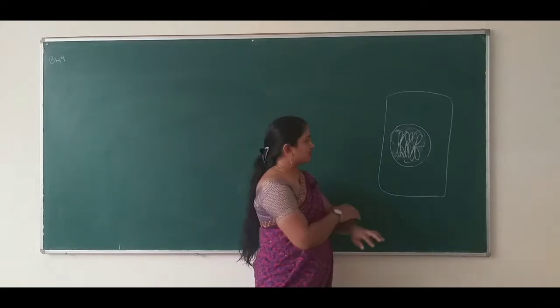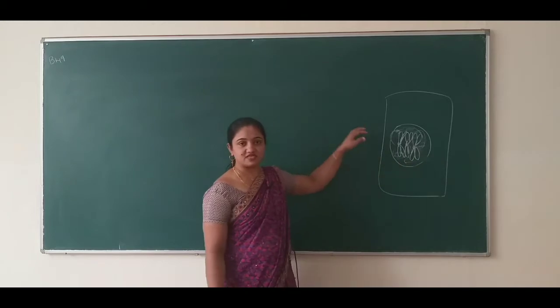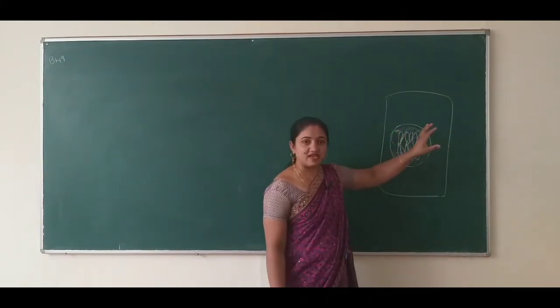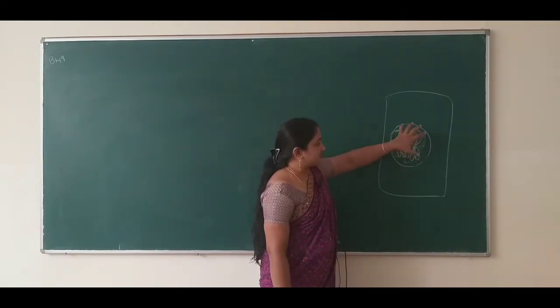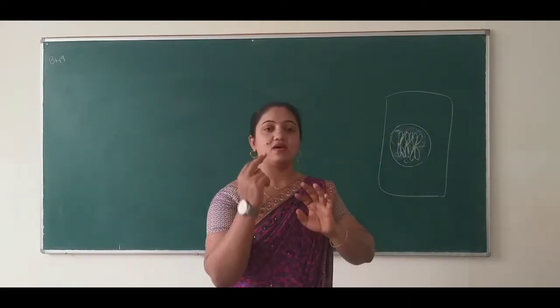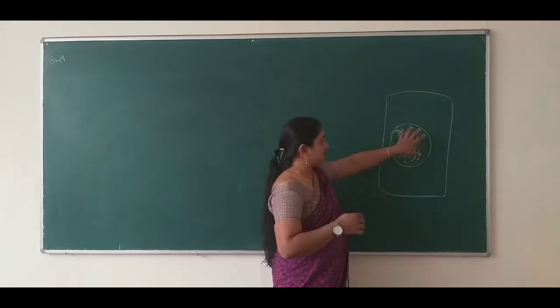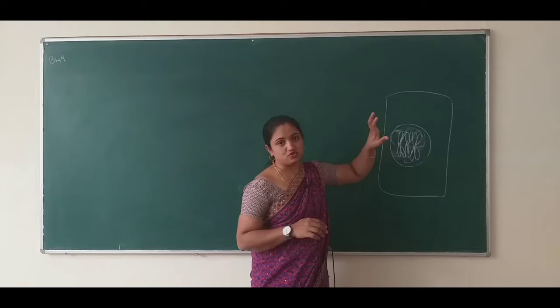In that nucleus, how the chromosomes and chromatin fibers pack themselves and are present in the nucleus. So how they are packed around itself and how it is fitted in the nucleus, that we are going to study.